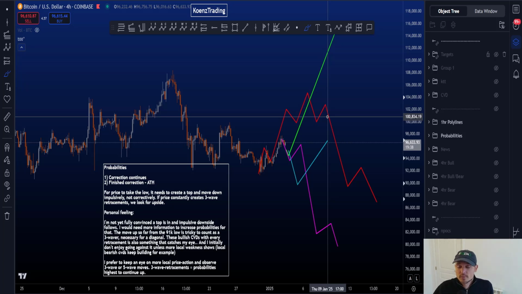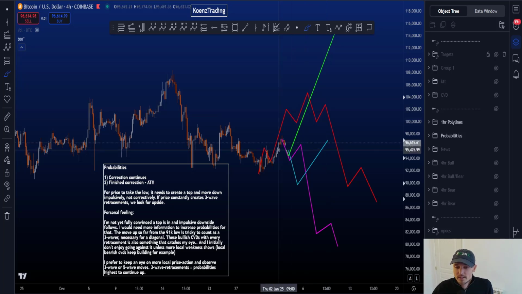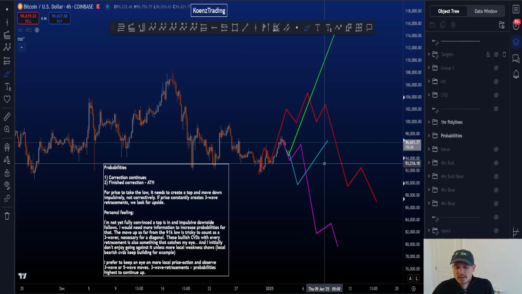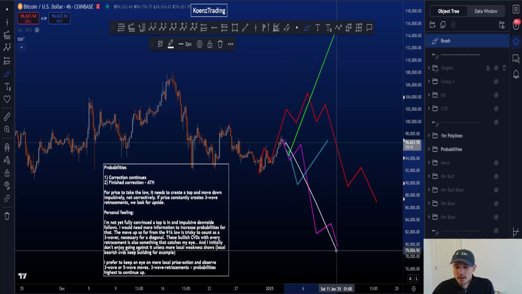At the moment, from an Elliott wave point of view, we didn't yet hit the invalidation for blue, which is 99k. The pink line would also decrease in probabilities if you hit 99 to 100k, right?